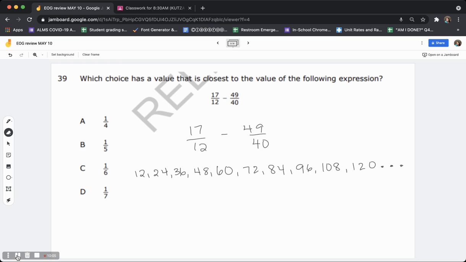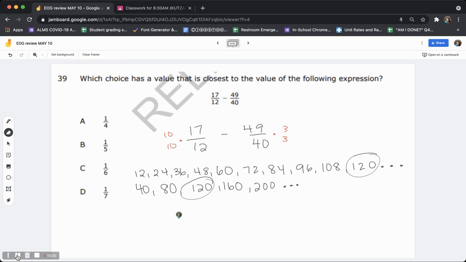If I list out my multiples of 40, I have 40, 80, 120, 160, 200, and so on. So my least common multiple here would be 120. I'm going to take 17 twelfths and multiply that by 10, and I'm going to take 49 40ths and multiply that by 3.